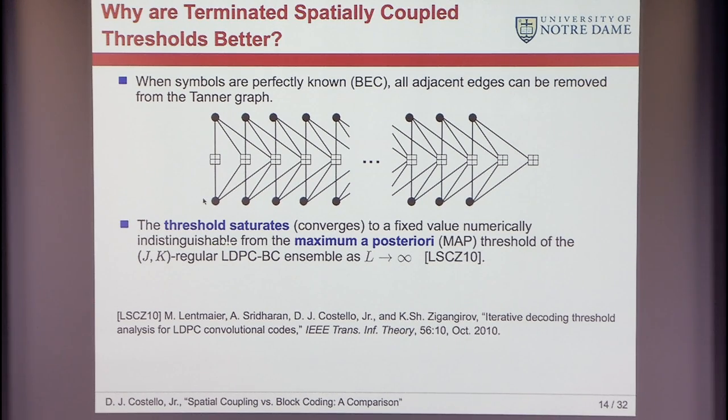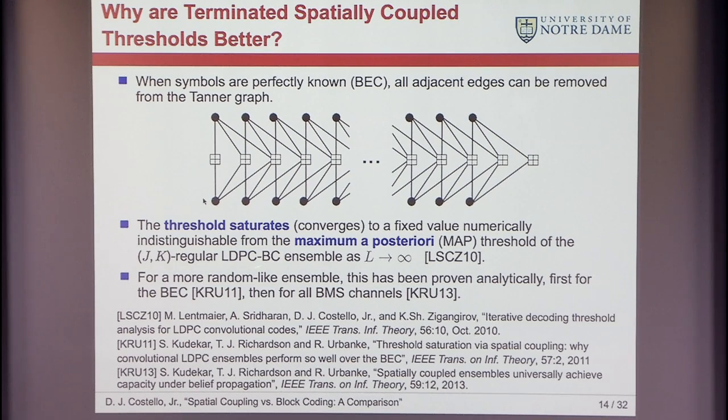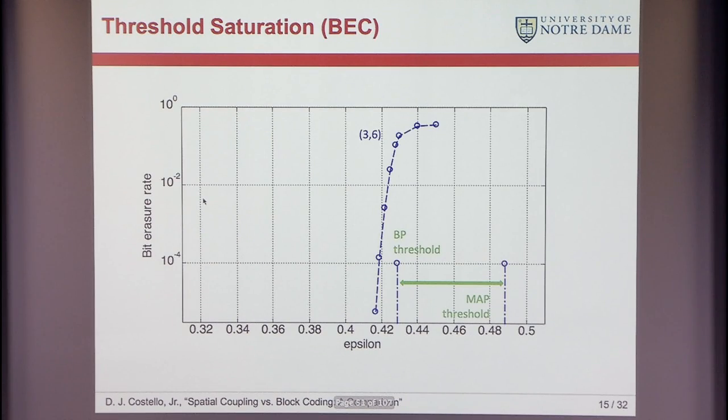There was numerical work in this paper showing that they're indistinguishable from MAP thresholds as L goes to infinity, and then proofs were given analytically in a couple of more recent papers, both for the BEC and then more recently for more general channels, of the so-called threshold saturation effect.